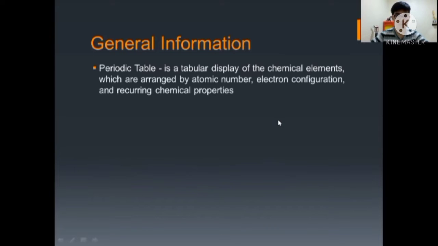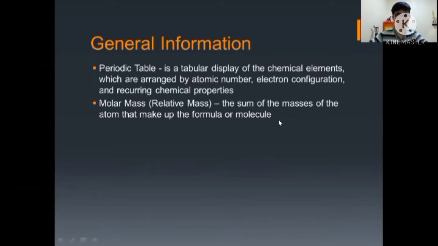Yeah, after the periodic table we have molar mass. Molar mass, or some people call it relative mass, is the sum of the masses of the atoms that make up the formula or molecule. So in conclusion, molar mass is like the total mass in one compound. For example, take hydrogen monoxide, which is H2O.